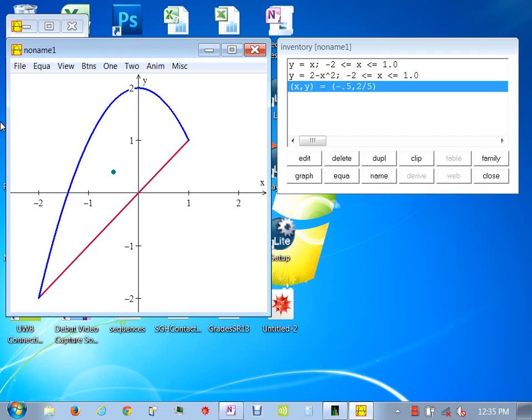I'm going to try and throw this through the air. And as I throw it, I'm going to spin it. Watch what the dot does. Did you see it? The dot shouldn't be wiggling around.